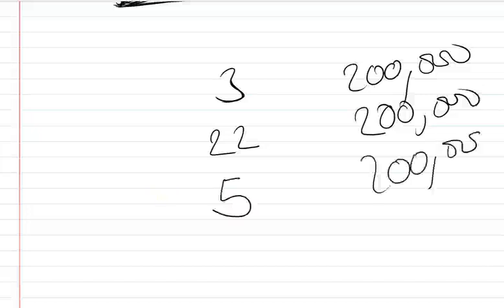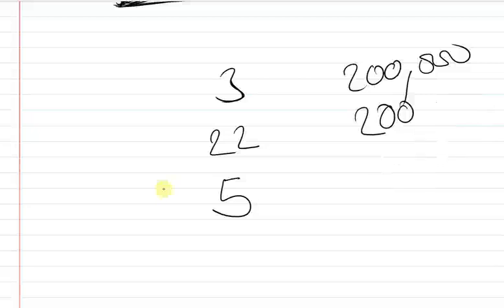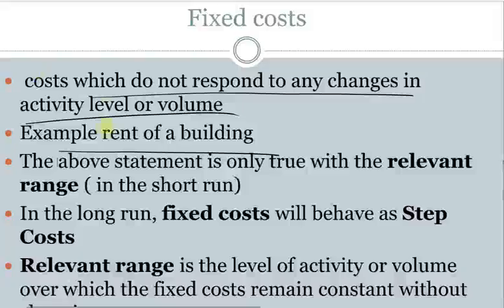It will not change, right? That's why they are called fixed cost. It won't change because you are staying a lot of people in the house. That's a fixed cost. So this assumption that fixed costs will not change is only applicable within the relevant range.